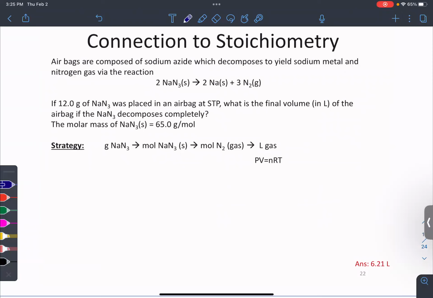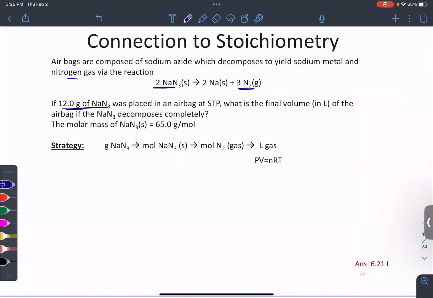So airbags are composed of sodium azide, which decomposes to give sodium and nitrogen gas. It looks like 2 moles of sodium azide gives 3 moles of nitrogen gas in this decomposition reaction. So let's say 12 grams of sodium azide is placed in an airbag at STP. Oh, I forgot to define that.